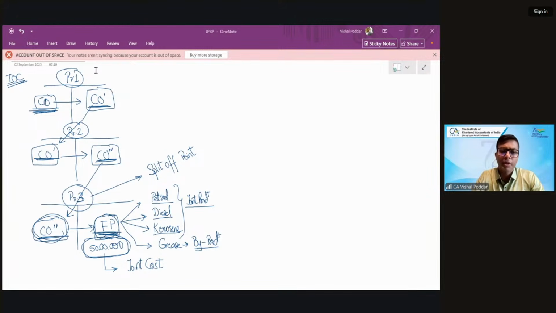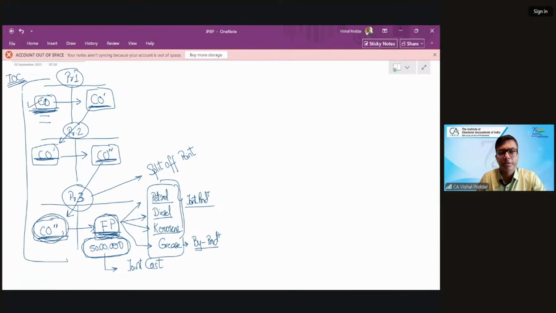Yes. Now, Meenu has a very important question. Sir, in joint costs, whether byproduct cost is also involved. See, understand this, students, logically. This whole is produced from your three processes. Now, in every process, there was raw material and there was labor overhead.